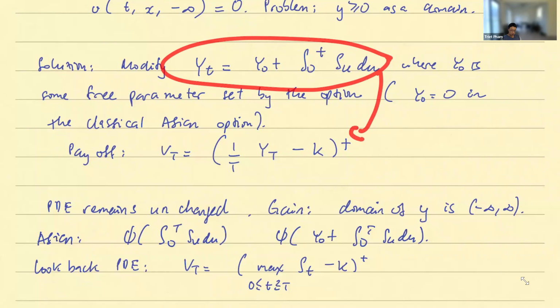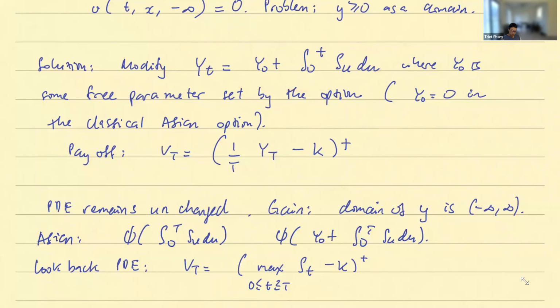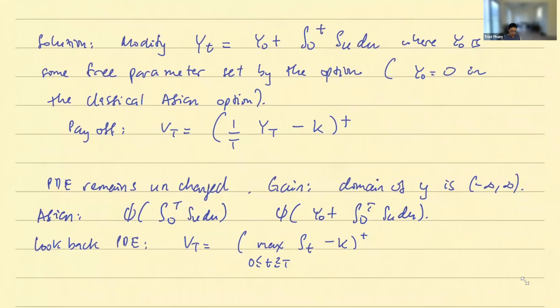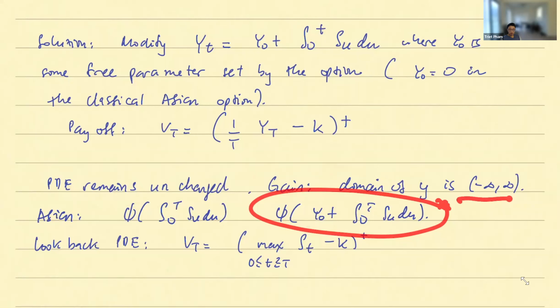Agree? But notice, in the end, I only need Y0 equal to 0 to give back the answer to the classical problem. Does that make sense? So basically, I will solve the problem here in this domain. Then I will convert it back to the original problem to answer your question.